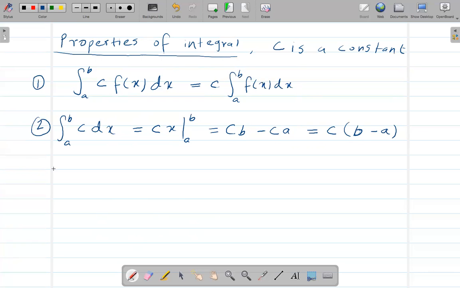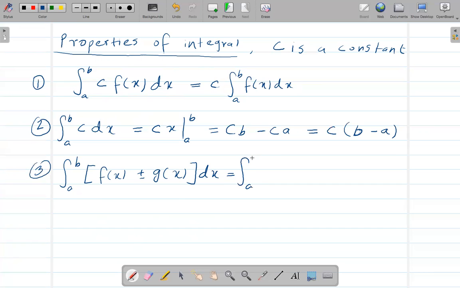All right, and another one: if you're taking the integration of a function plus or minus g of x, then we can basically distribute this integration over these two functions.